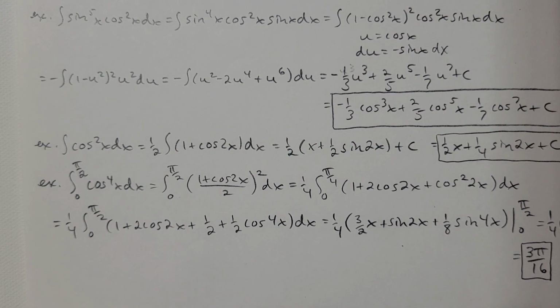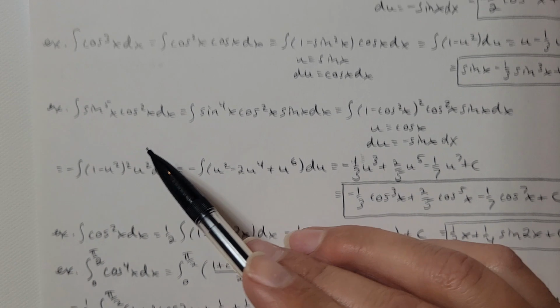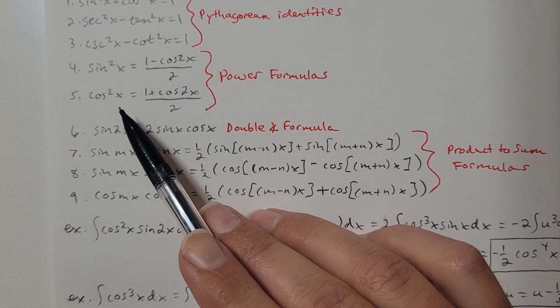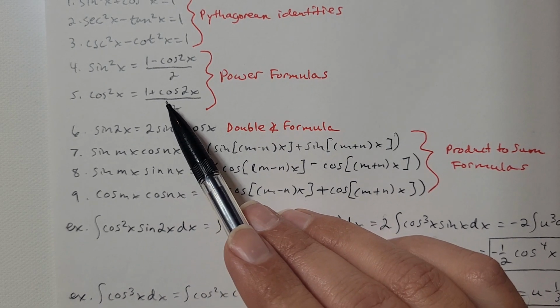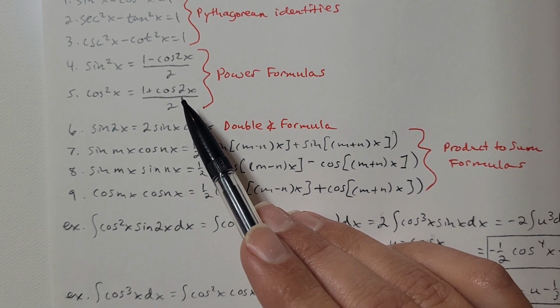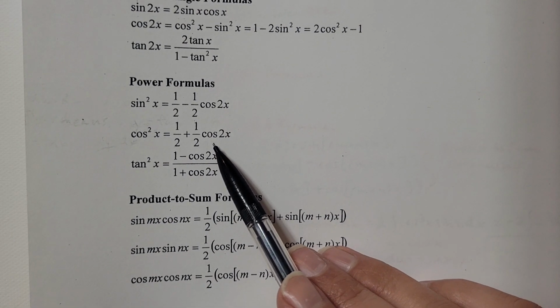So we're going to need an identity here. Let's use the power formula for cosine squared of x. That's the same as 1 plus cosine of 2x, divided by 2. I'm using that right there.